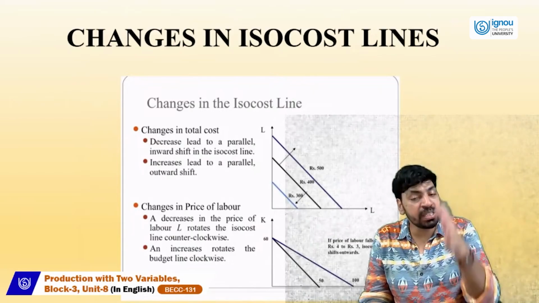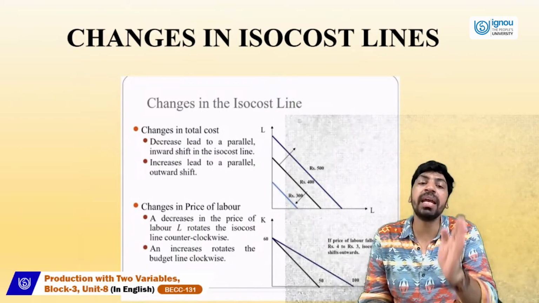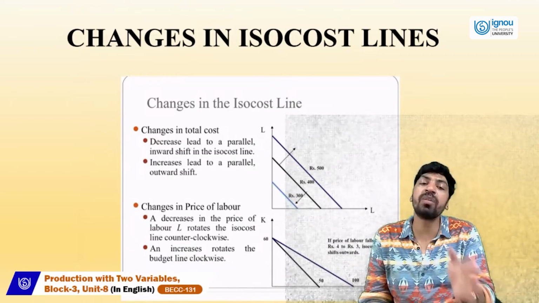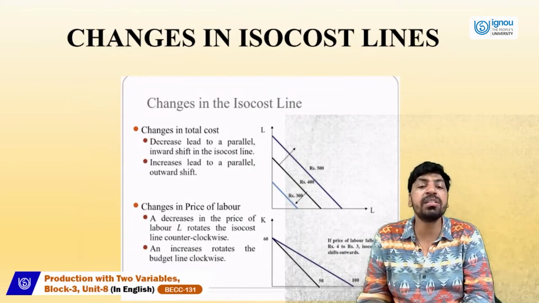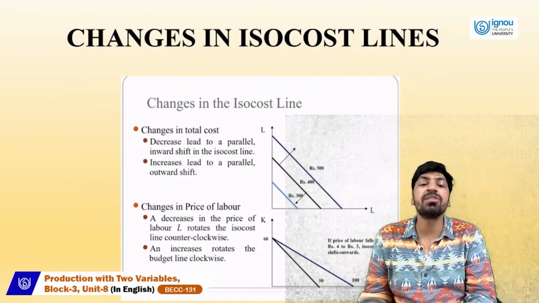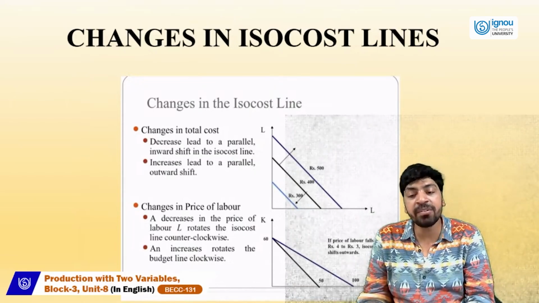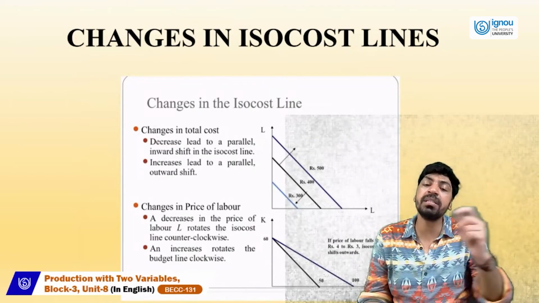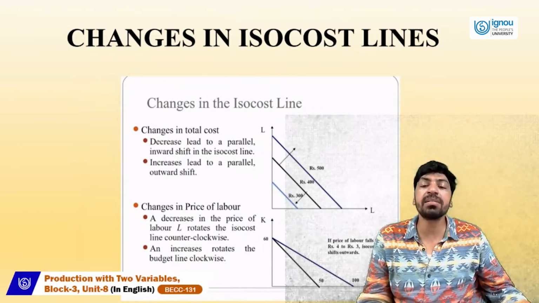If there is any change in the total cost, automatically it will be a parallel inward shift or parallel outward shift. But when we talk about the changes in the price of labor, automatically it will shift and begin from the same point. That's called the changes in the price of labor.